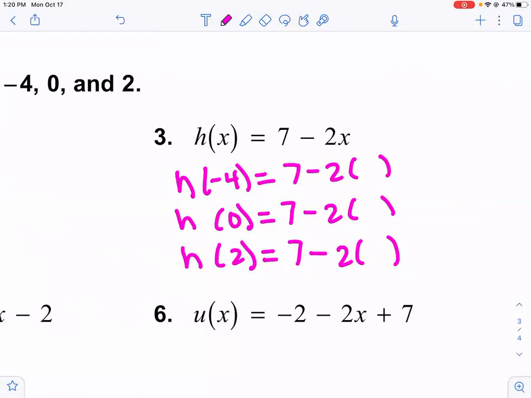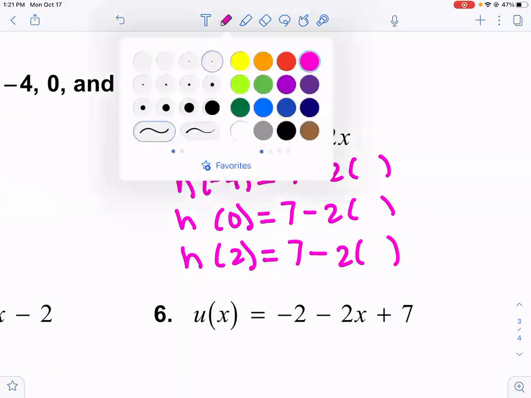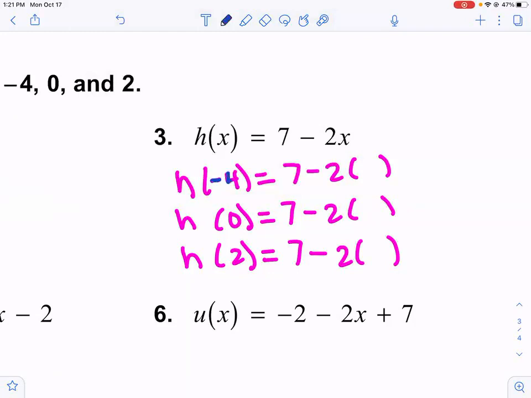Okay, eyes up here. Seth, what did you get for h of negative 4? $15. Okay, Kane, you are helping him out. You got 15. If we plug -4 in here, we have 7, this becomes +8, right?